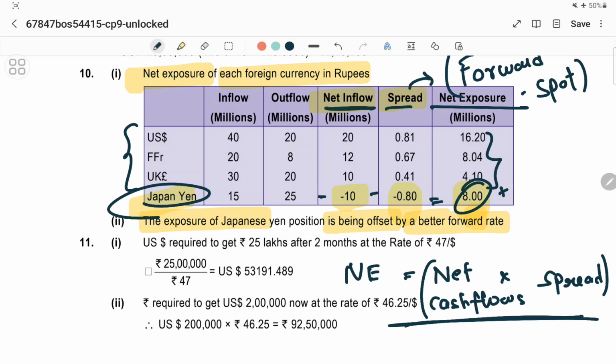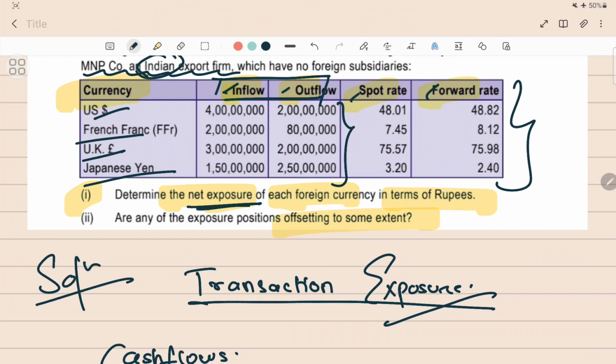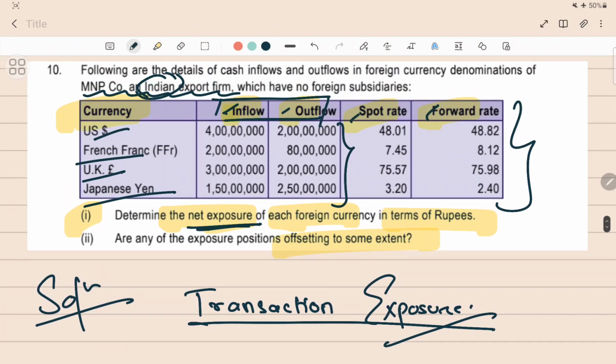But for the Japanese yen, the outflow is more than the inflow, so it is a negative net inflow, which is basically a net outflow. And the spread is also negative: for Japanese yen, forward is less than the spot.